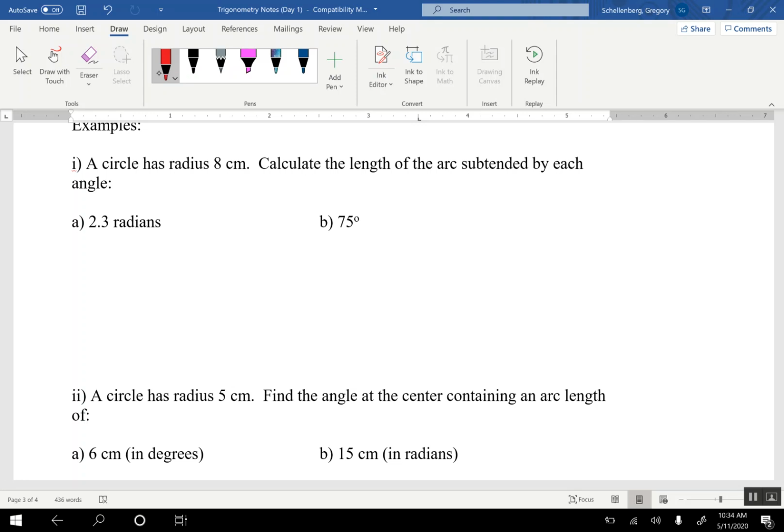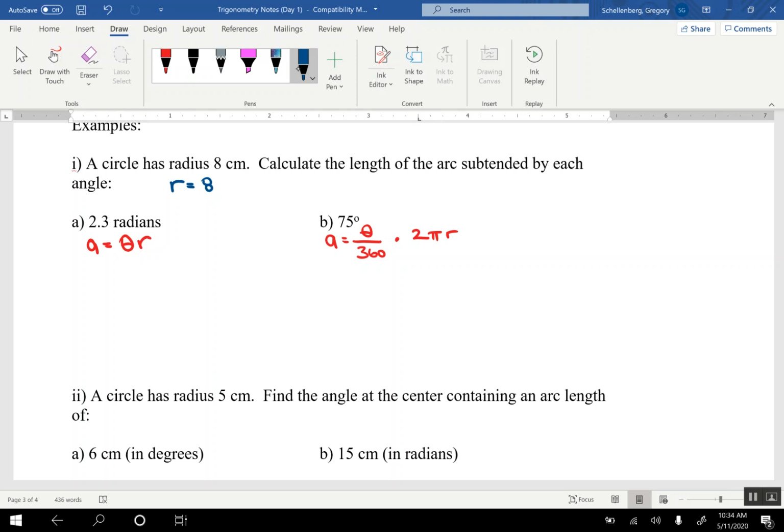In radians, our arc length formula is arc length equal to theta times r, and in degrees, our arc length formula is theta divided by 360 times 2 times pi times the radius. The circle has a radius of 8 centimeters, so r is 8. We're looking for A.